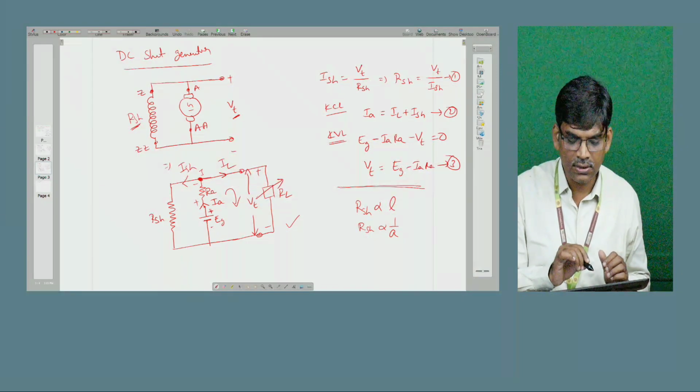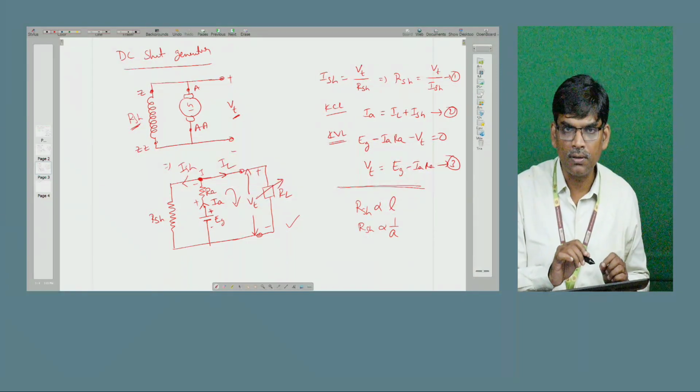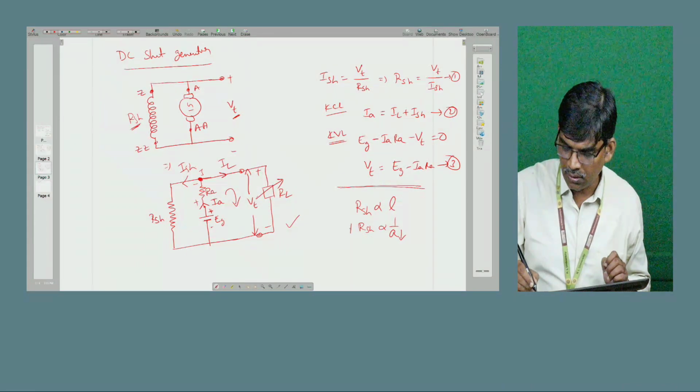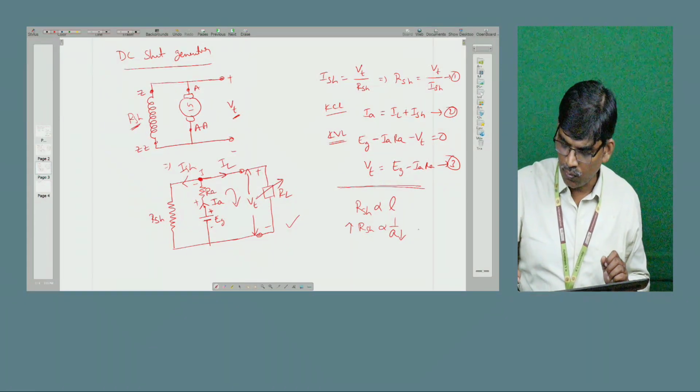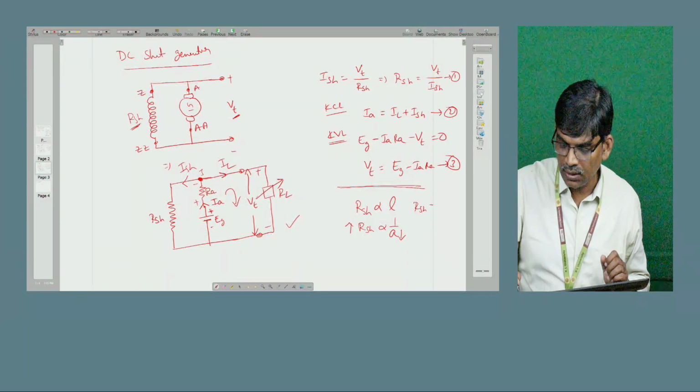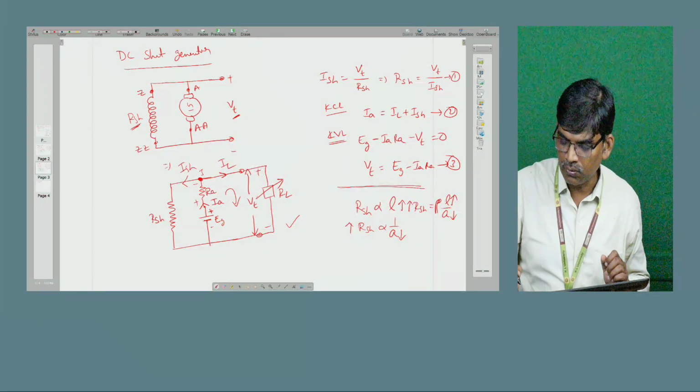So how is it obtained? First of all, more number of turns and less cross sectional area, because less in the denominator means the value is more. Also the overall RSH value depends on the resistivity, the material constant, and L by A. So L more, RSH is more; A less, RSH is more.